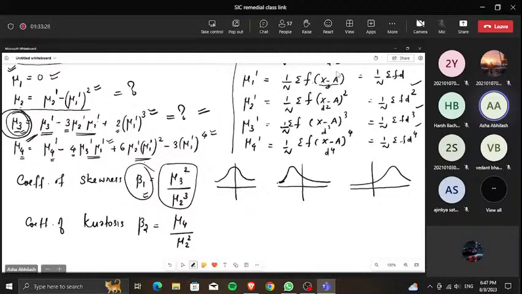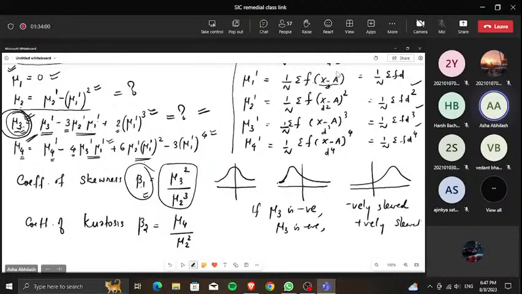If the central moment mu3 is positive, then beta 1 will be positive, and obviously the distribution will be positively skewed. If mu3 is negative, even though the value of beta 1 is positive, it will be negatively skewed. And if mu3 is positive, then you have a positively skewed distribution.